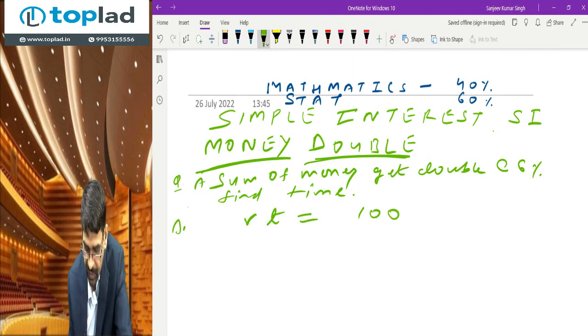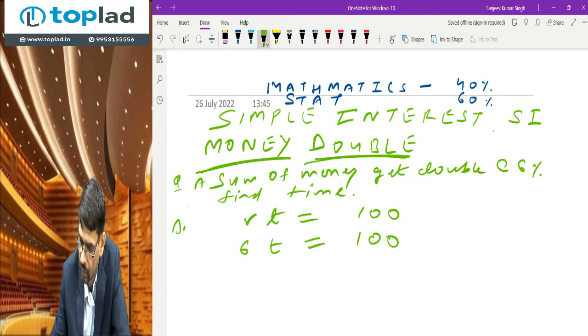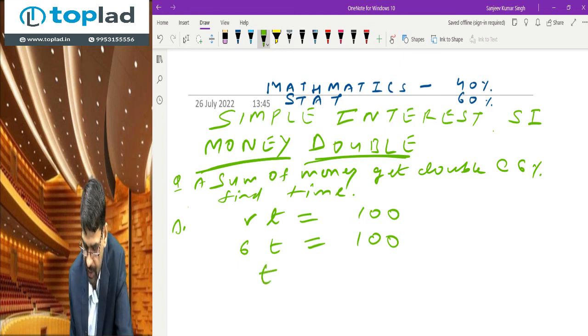Rate is given, rate is 6%. What about time? We have to calculate. So RT is equal to 100. Use the calculator.